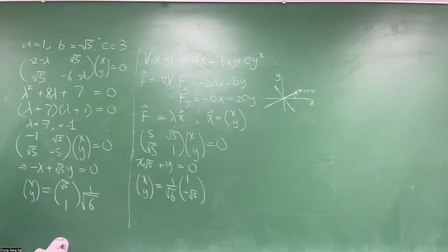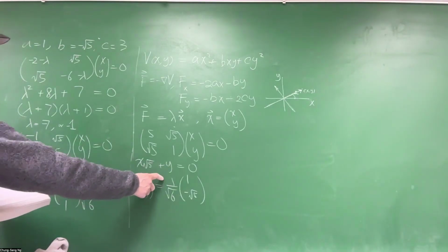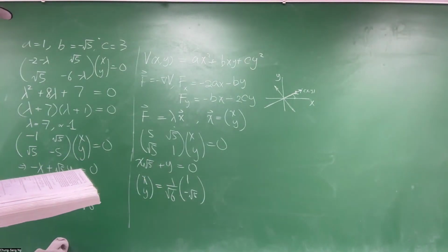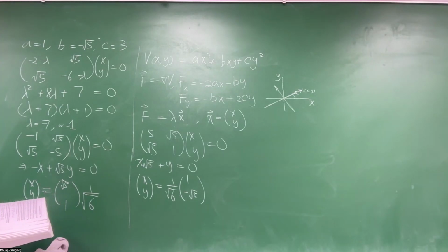So I got the two eigenvectors, 1 over root 6 times (1, minus root 5) and so on. Except for the sign, the textbook has a minus sign, but it doesn't matter. You're only solving up to a proportionality constant, which can involve -1, so you can multiply by -1 and get your textbook value.